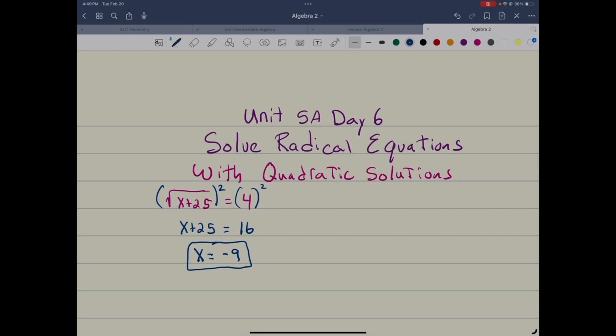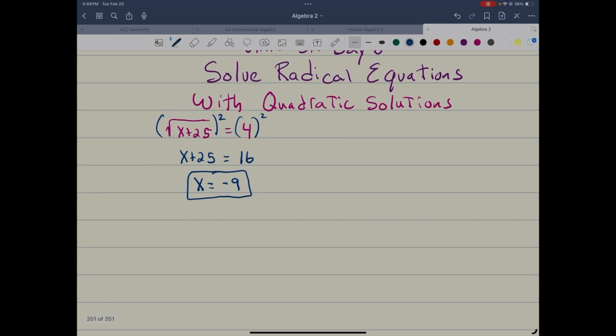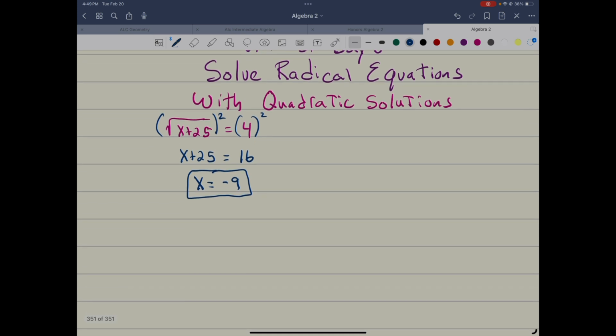Today, we're going to differ that up a little bit. Today, we're going to have quadratic solutions where you're going to have to use factoring in order to solve. So for example, we're going to look at something like the square root of -4x plus 32 is equal to x.